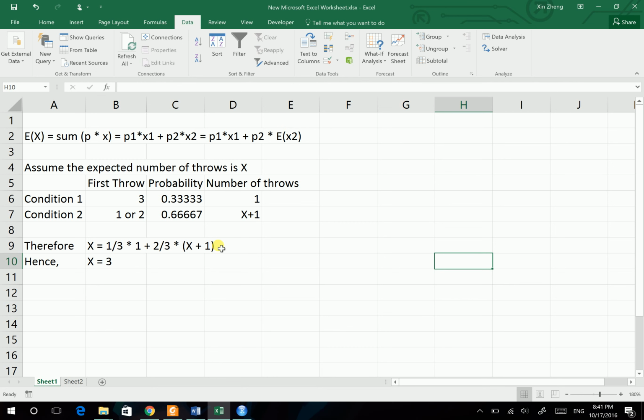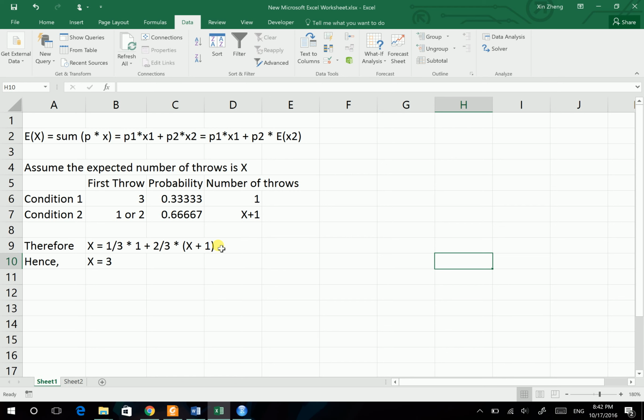Why? Because this game is an independent game. The outcome of the last throw doesn't have anything to do with the next part of the game. So once you get 1 or 2 in the throw, the game restarts.